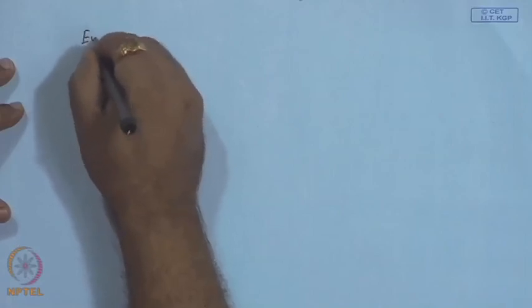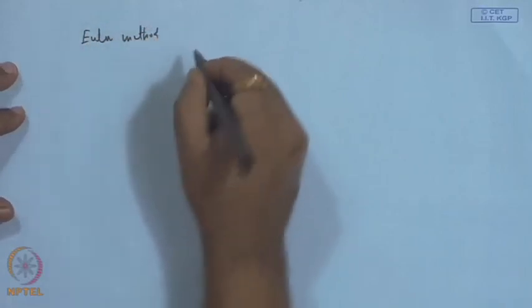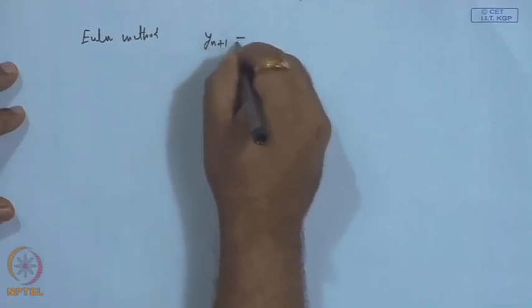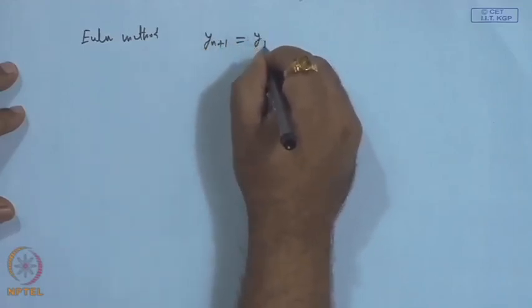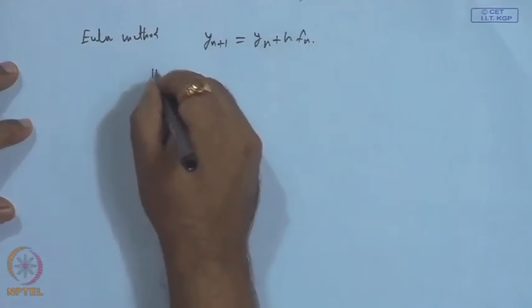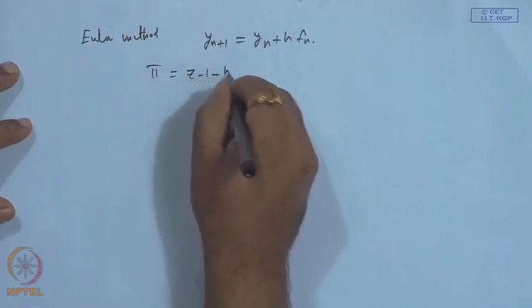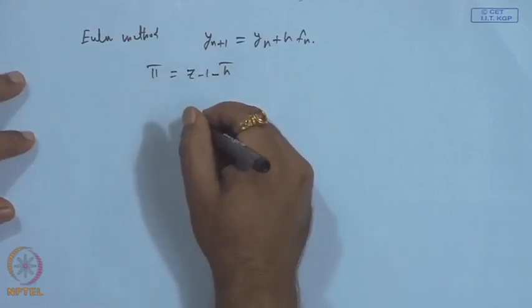Suppose, consider Euler method. Then pi is given by, okay.